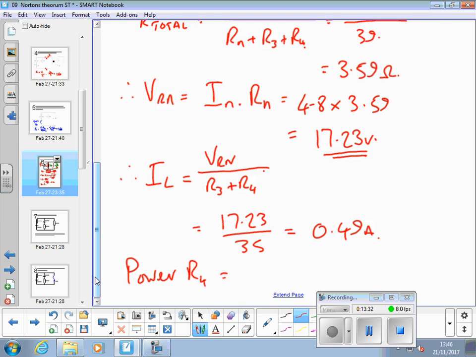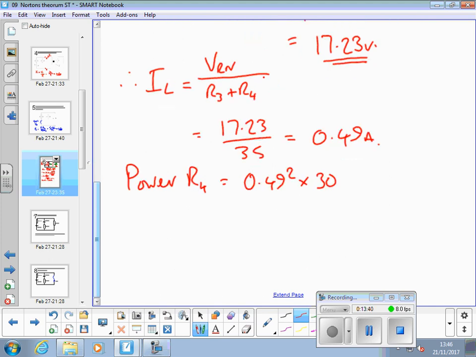Power in R4 is 0.49 squared times the 30. That's where we're going to focus on the one resistor, because we want the power dissipated in R4. What have we got? 7 point something watts.